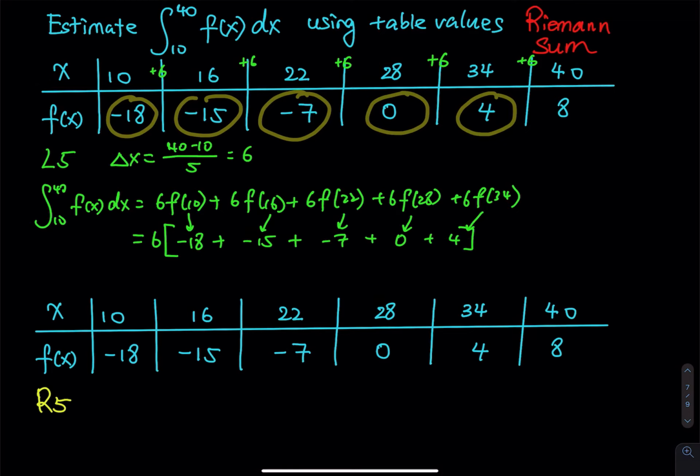We do not take the last x value. So altogether, you have 6 times negative 36, so the area is equal to negative 216. So that's how you do the left sum using 5 subintervals.